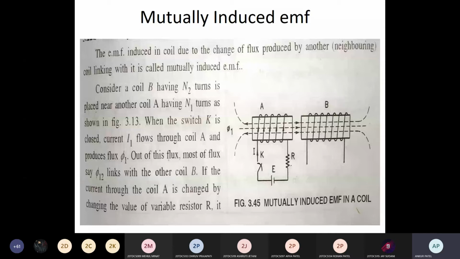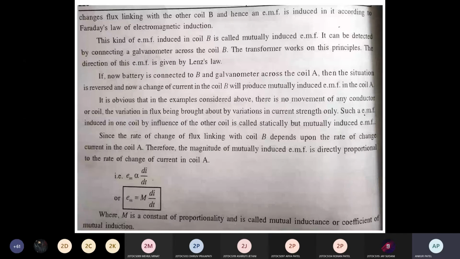If the current through coil A is changed by changing the value of resistor R, then it also changes the flux Phi12. If we change the resistor value, the current changes, and according to the change in current, the flux also changes. The changing flux links with the other coil B, and hence EMF is induced in it according to Faraday's law of electromagnetic induction.